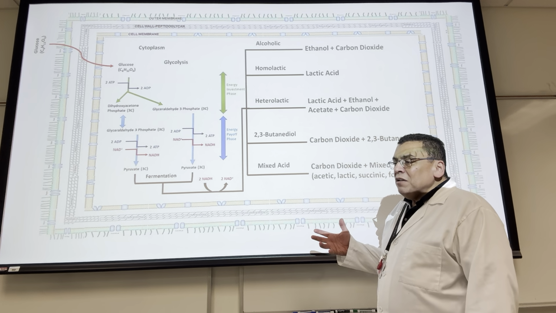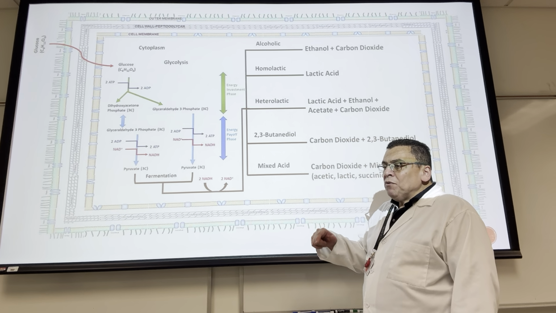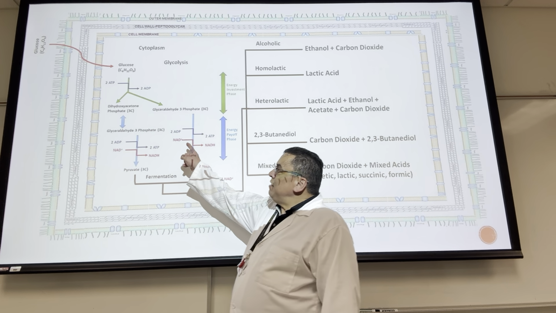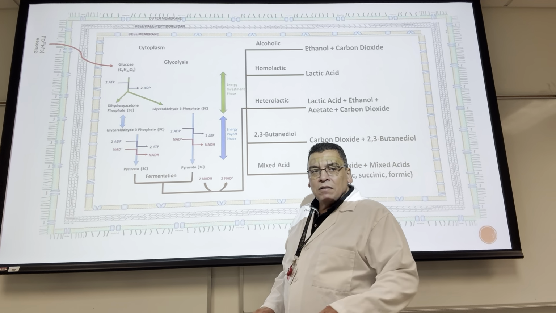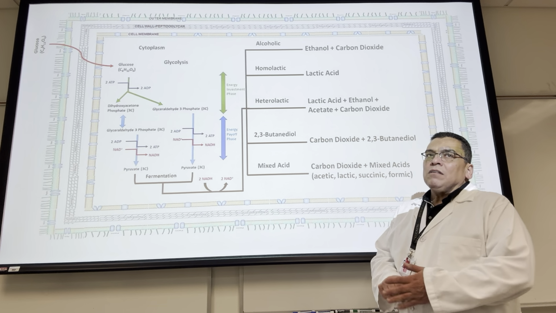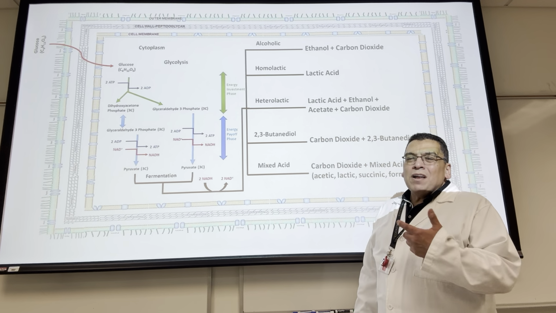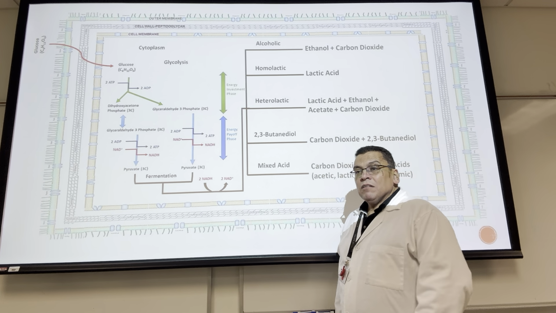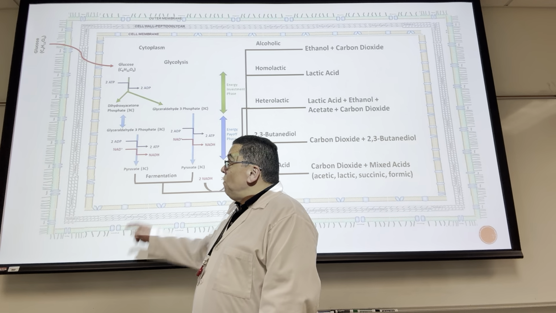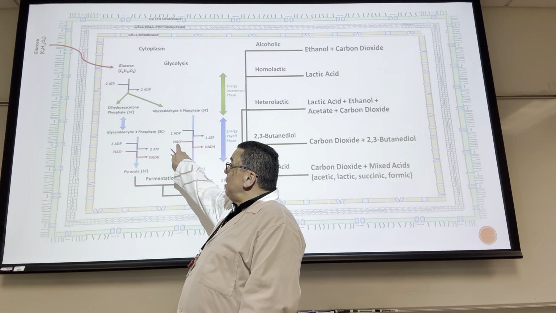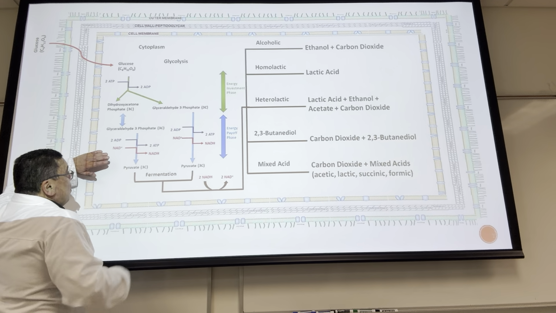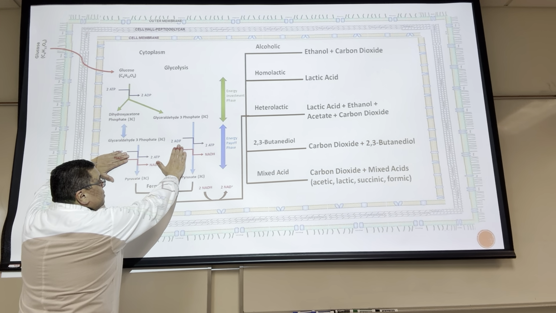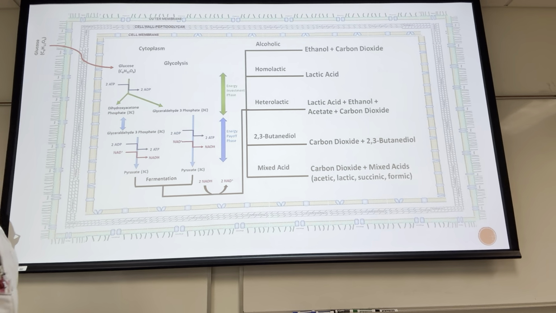But in fermentation, you also have to keep a constant supply of NAD+. Now you have two problems. Problem number one, you want to keep glycolysis moving? You better have empty trucks. If you run out of these, I hope you agree, glycolysis shuts down. And that would be a bad thing.